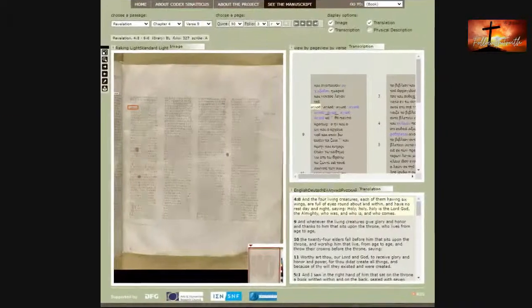So if I can share my screen. Now you can find this online, and it is in Codex Sinaiticus. So I will share that, and I'll bring that up.